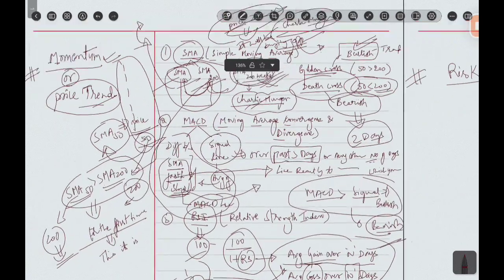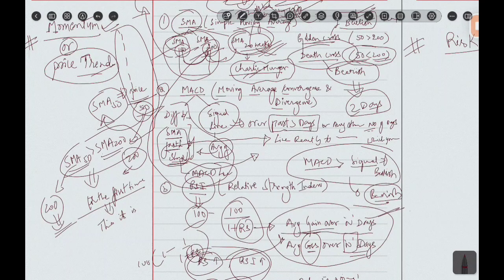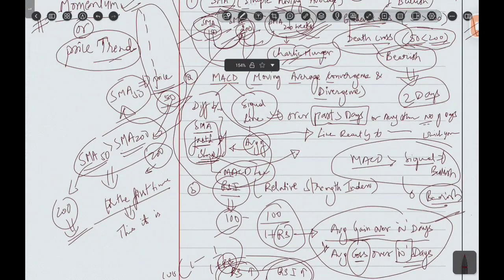We calculate SMA 50 or SMA 200 by taking the last 50 days' prices divided by 50, that is the average, and then the last 200 days divided by 200.